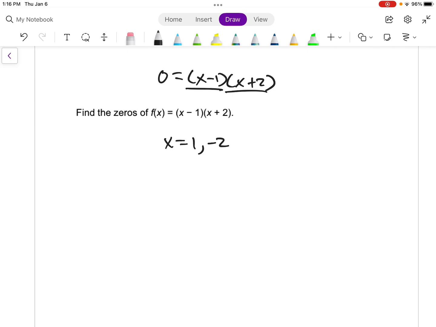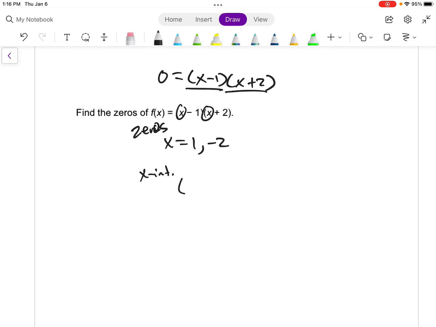Well, those are also the x-intercepts. So we want to make a connection here. The zeros of a function are also going to be the x-intercepts of a function. Now, the difference is when you write zeros, you're just asking, what would I plug in for x to make it equal to 0? When you're doing x-intercepts, they're actually a point on the graph.